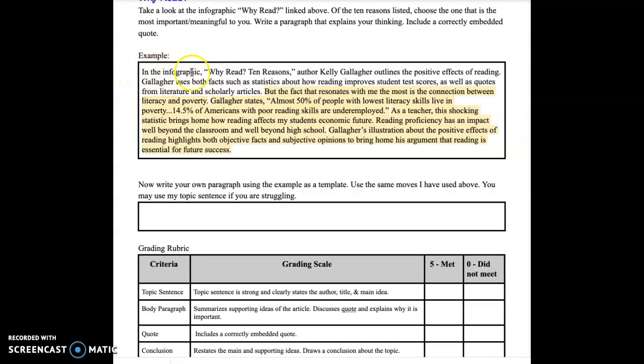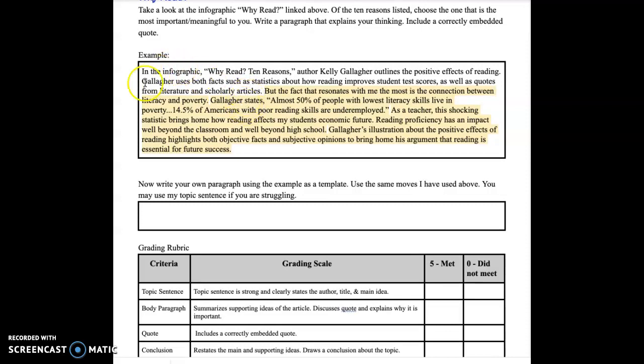Because I'm thinking about this paragraph as a standalone all by itself, I've included the important information in the topic sentence again. You won't have to do this if you've already introduced the text in a previous summary paragraph, which is how you will usually do it. So I'm going to look starting here.